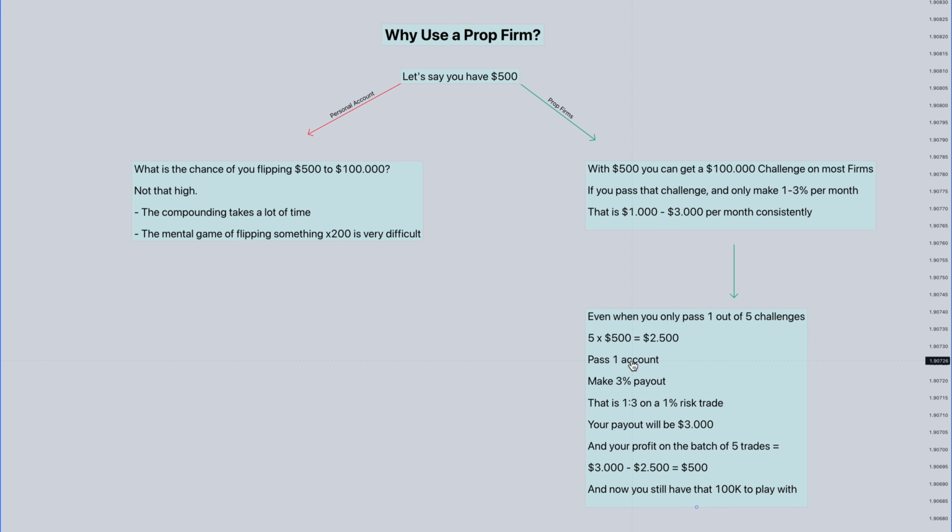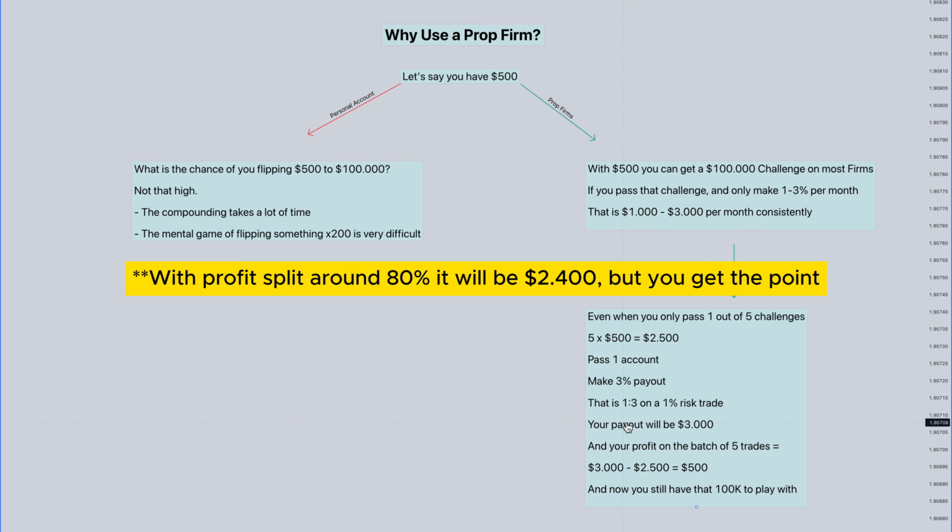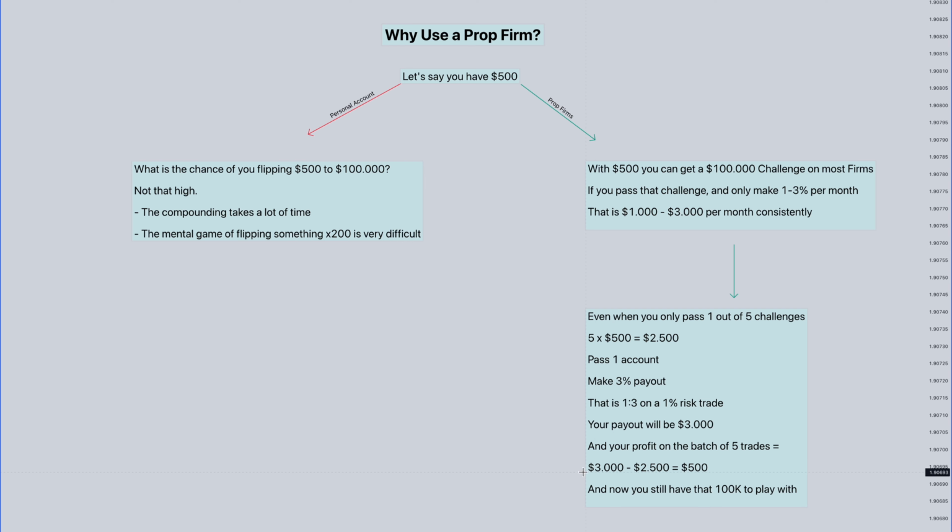Of those 5 accounts, you only pass 1. You make a 3% payout. That means you just take one winning trade, 1 to 3 on a 1% risk. Your payout will then be 3k. And your profit on that batch of 5 is 3k minus the 2.5k of challenge fees, which is $500 profit after that first payout.